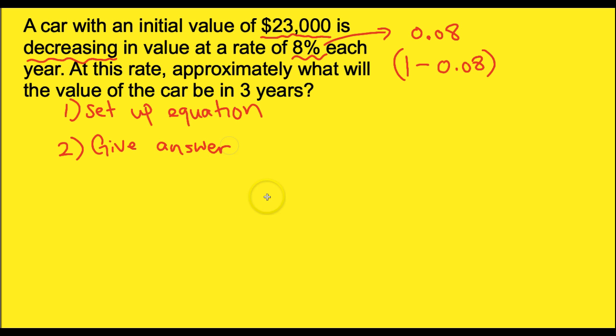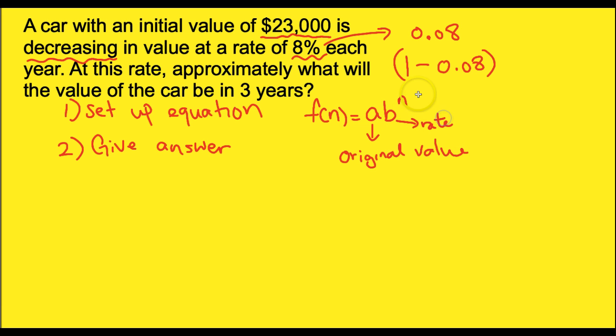This is a multiple choice question, so you just have to select the correct equation. I already gave you the generic formula: f of n is equal to a times b raised to the n power. We already talked about how a is the original or initial value, b is the rate, and n is obviously the time.